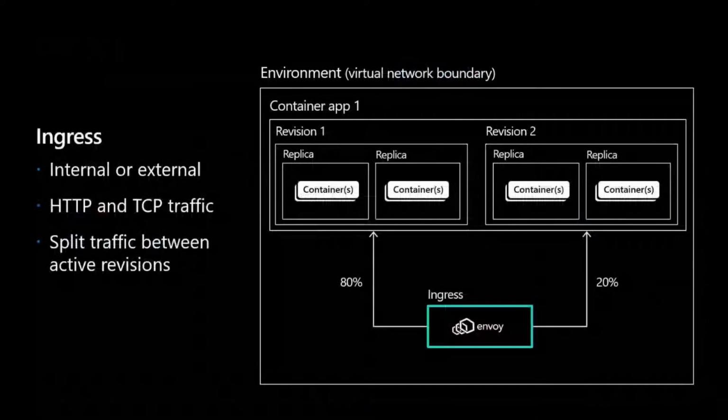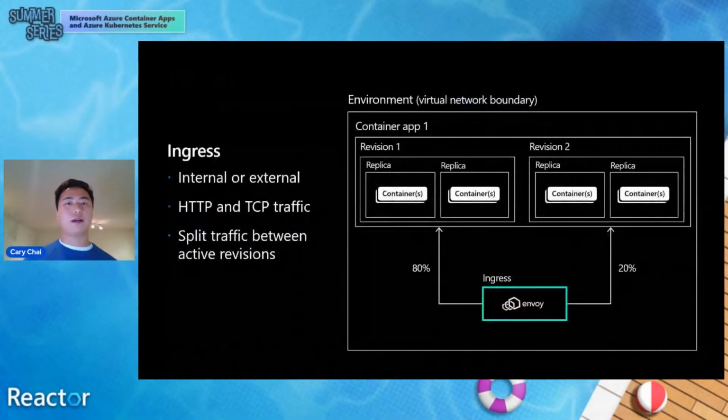And next up, we also support a number of ingress features for you inside of container apps. What's really great about Azure Container Apps is we simplify a lot of the management experience and the overhead that you need for managing that infrastructure. So in this case, for ingress, we have a lot of built-in tools to make this simpler.